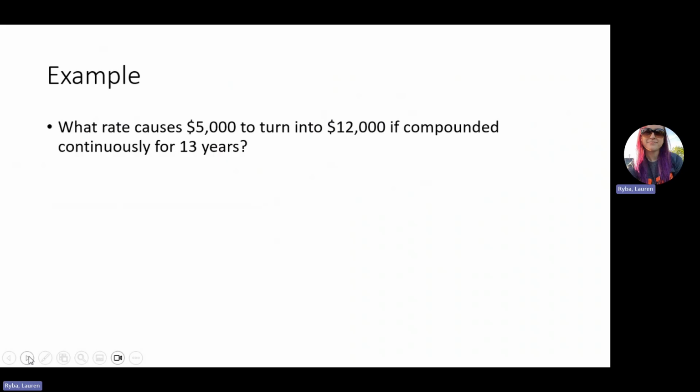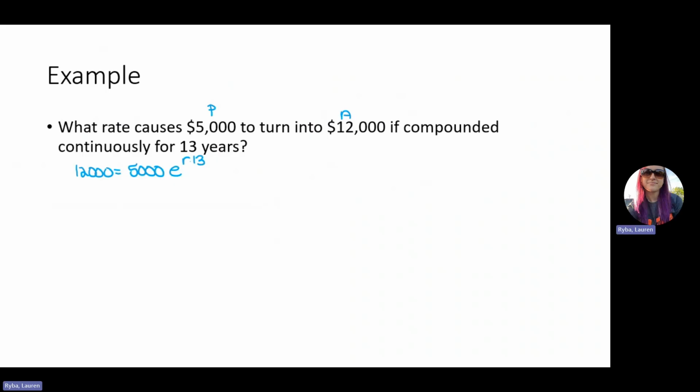What rate causes $5,000 to turn into $12,000 if it's compounded continuously for 13 years? So here's my P, here's my A. 12,000 equals 5,000 e, I don't know R, and it's going to be times 13. Now, here's why I default to the natural log.